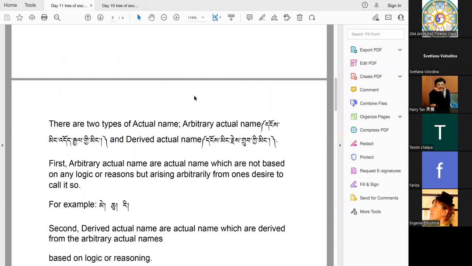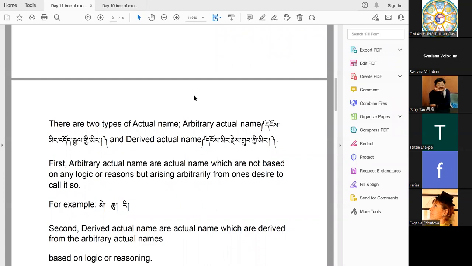So you mean to say that since, like you said, chu means water, not other things besides water. Yes. And it doesn't mean the liquid, the viscosity of it and stuff like that.